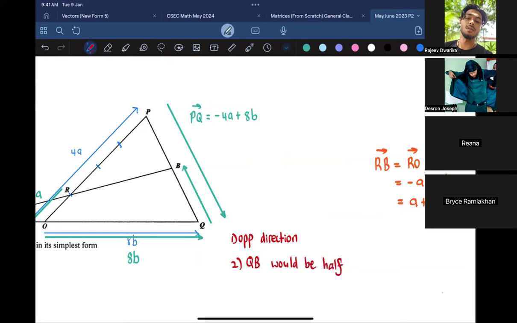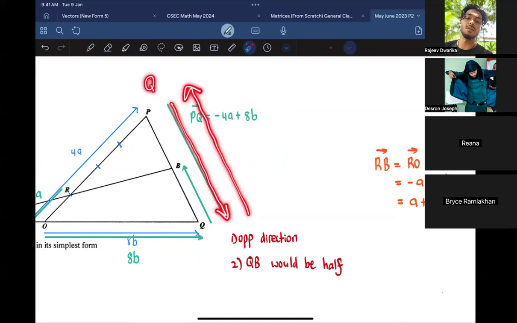So we established those two things, right? Would Q to B be half of P to Q or half of Q to P? What do you think? I'm going to say that one more time. Would Q to B be half of P to Q or Q to P?